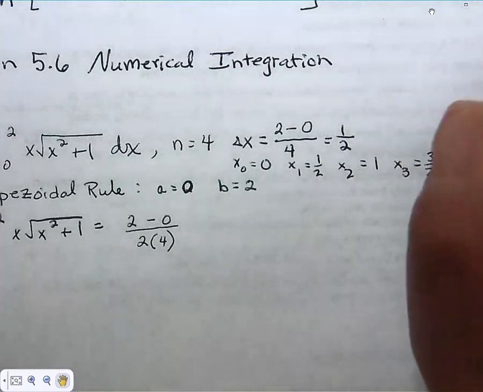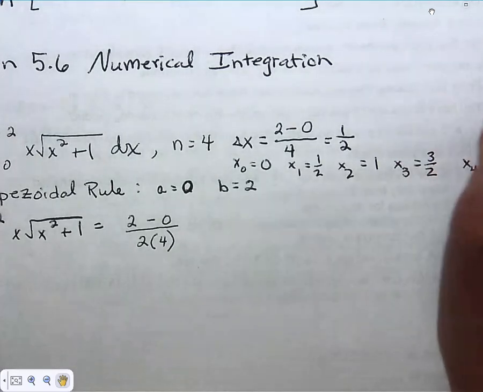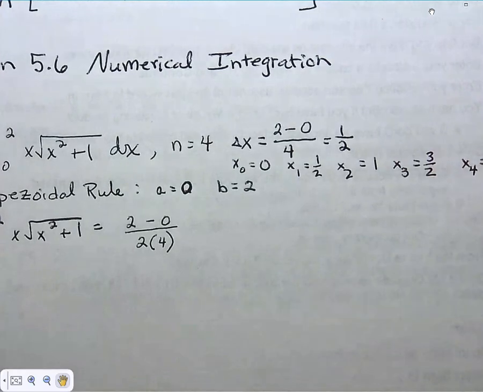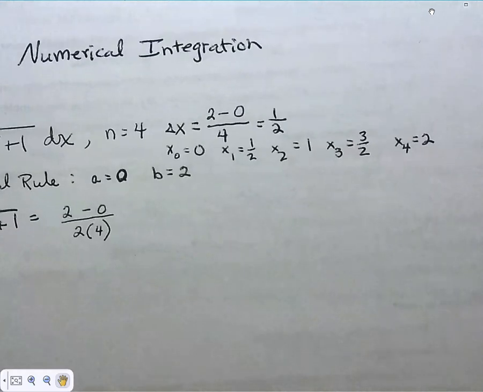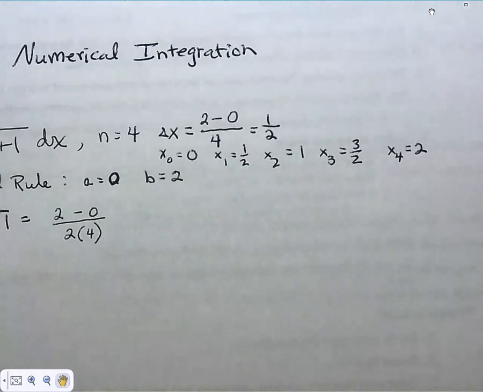And the last one is going to be 2. So that breaks our whole interval up into 4 partitions. 4 partitions would have 5 fence posts.